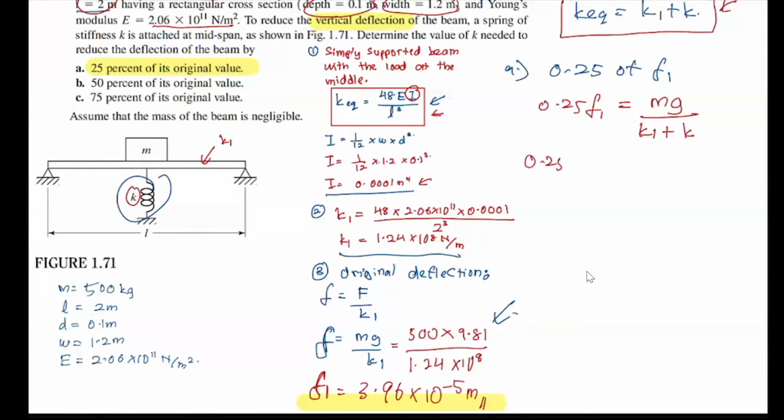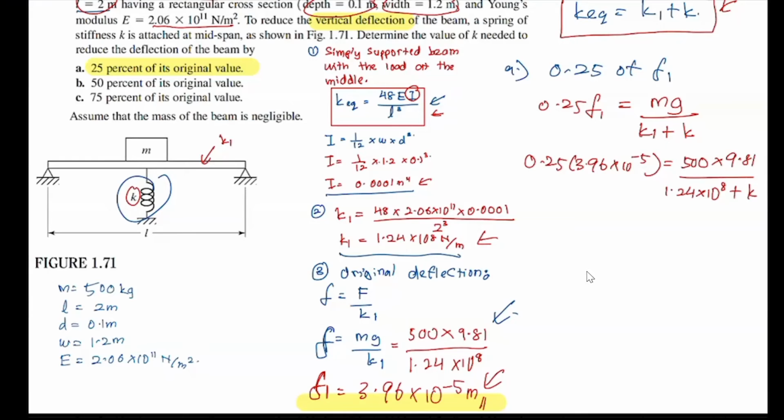So 0.25 times the original deflection, 3.96 times 10 to the power of -5, equals mg, which is 500 times g, 9.81, over K1, 1.24 times 10 to the power of 8, plus the K that we want to find.